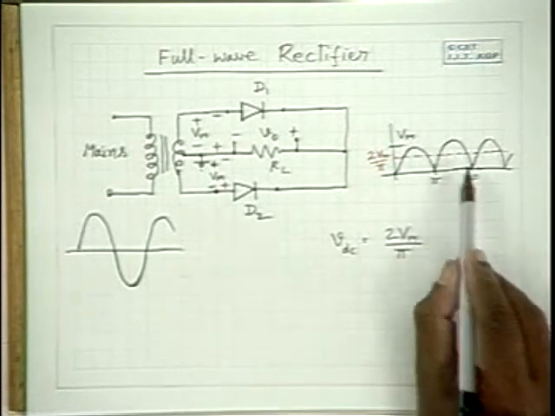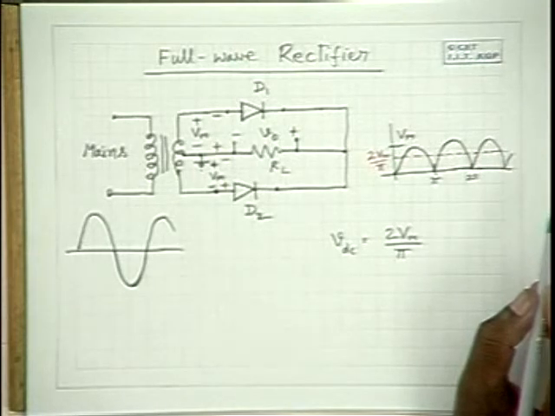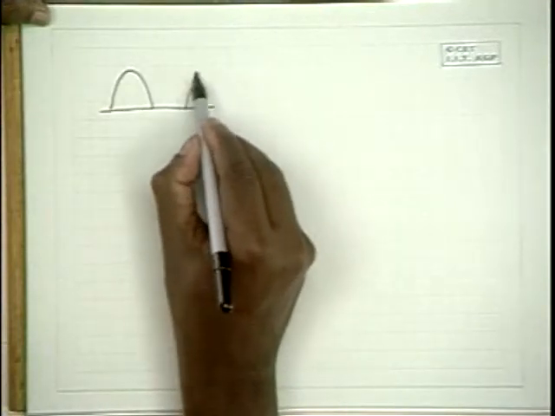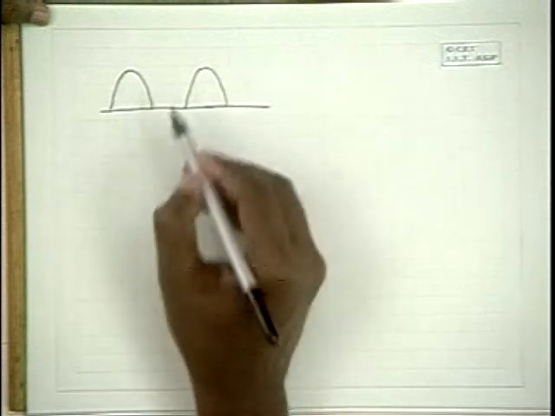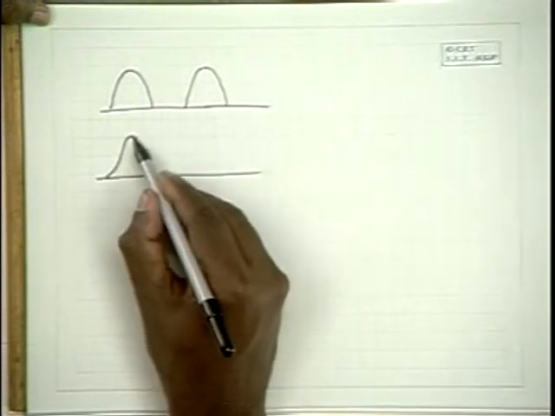And what about the RMS component? RMS component is determined by squaring the waveform. Let me repeat. In the case of a half wave rectified waveform, this is the waveform. We have to square it first. When you square it, the waveform would be like this.